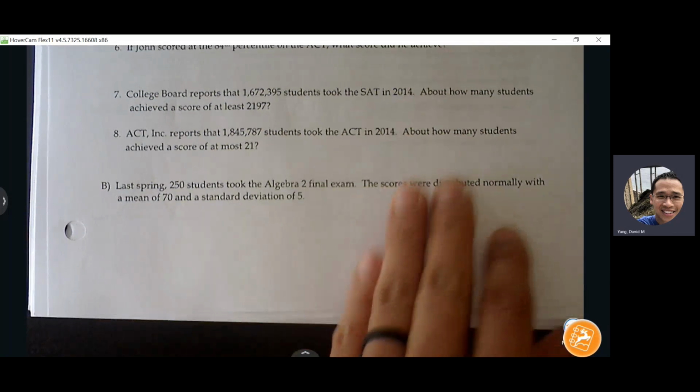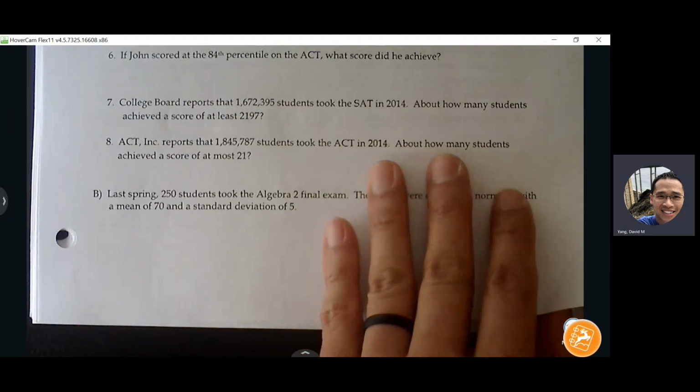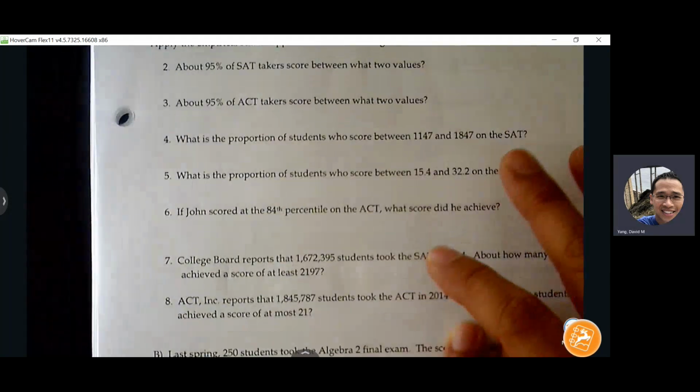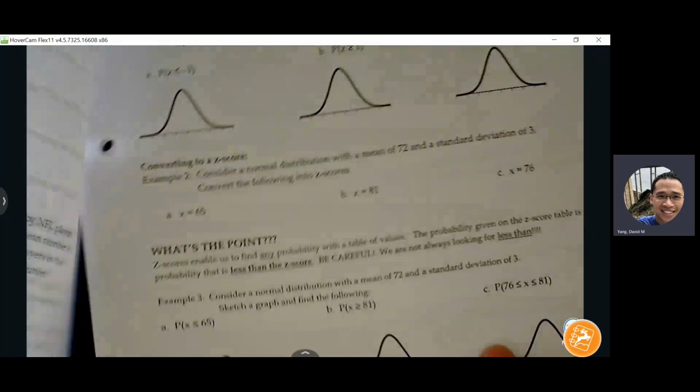Let's go ahead and put our normal curve on the next page so that we can refer to it more easily.